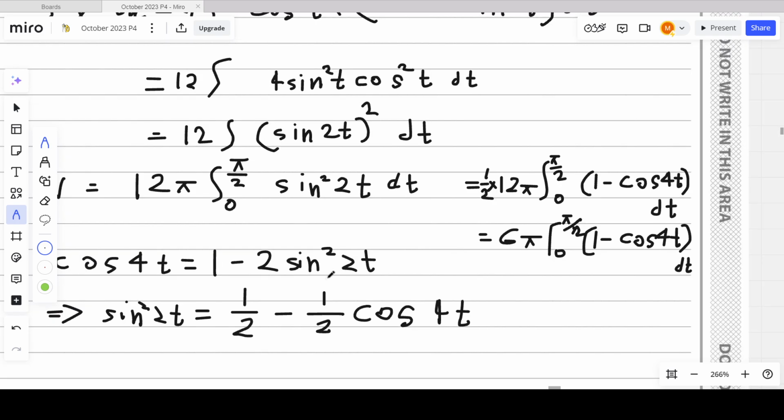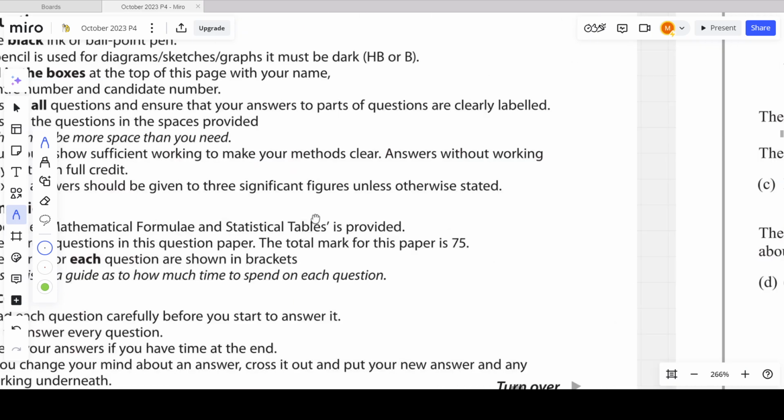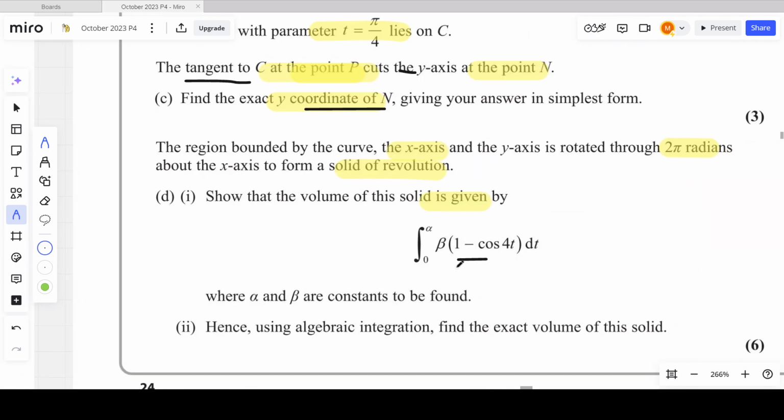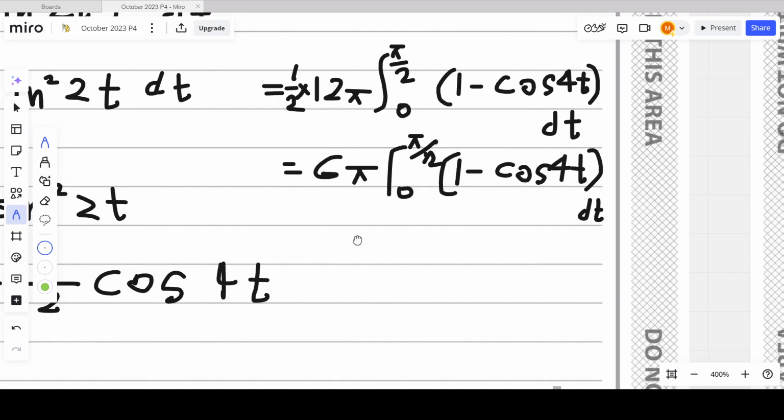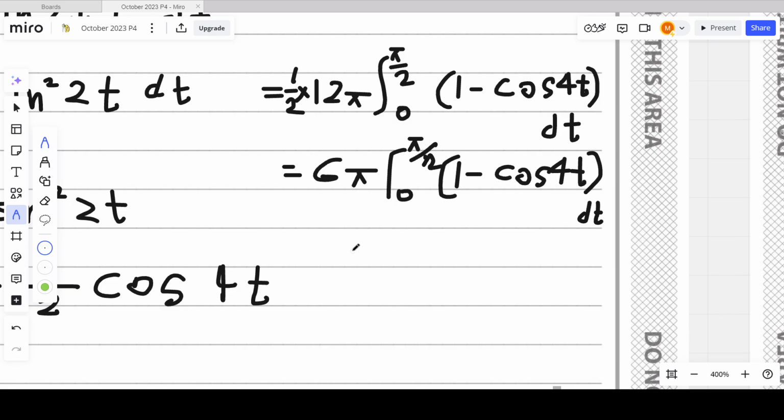That's it. So does it match the given? It should be beta, and beta should be inside the integral. So 6 pi would be inside the integral.